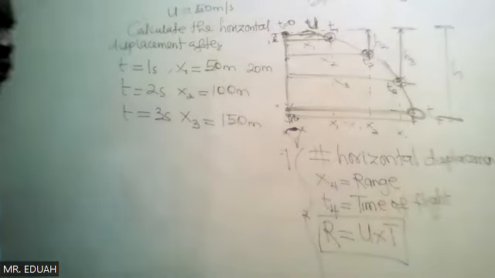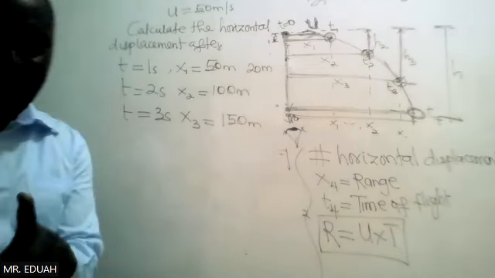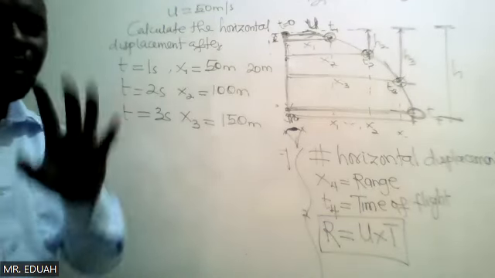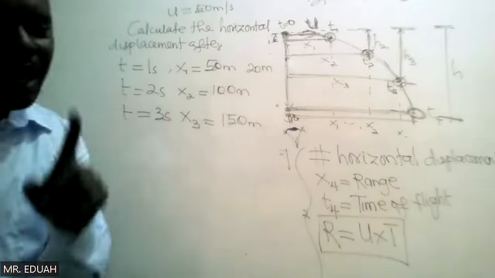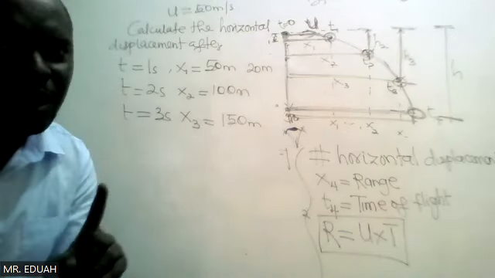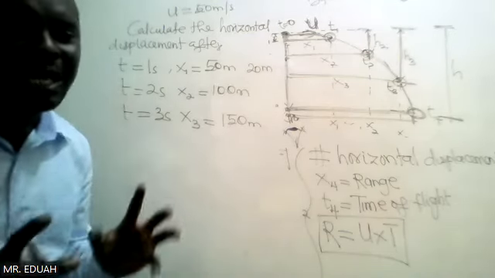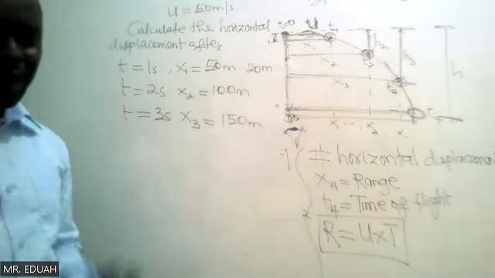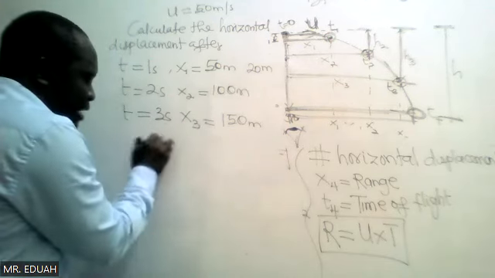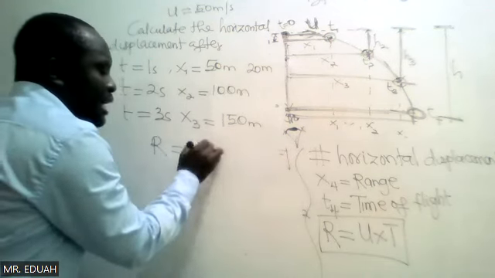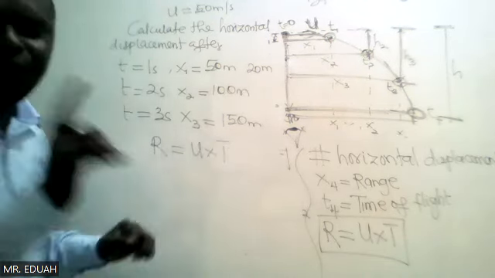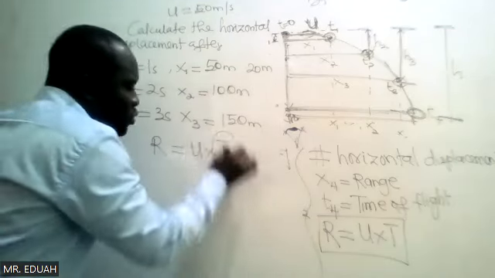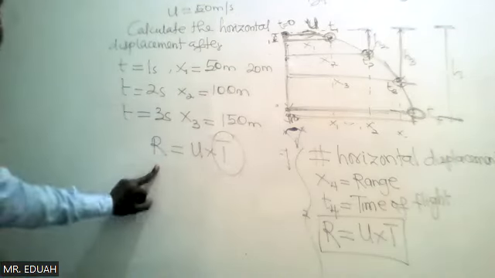But we can calculate it, and we can do so after looking at the vertical analysis. So yes, the range R is equal to u times t. But for now, because we don't know this, we cannot find the range.